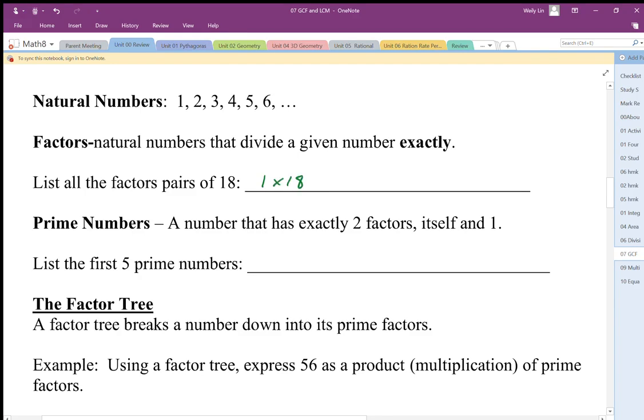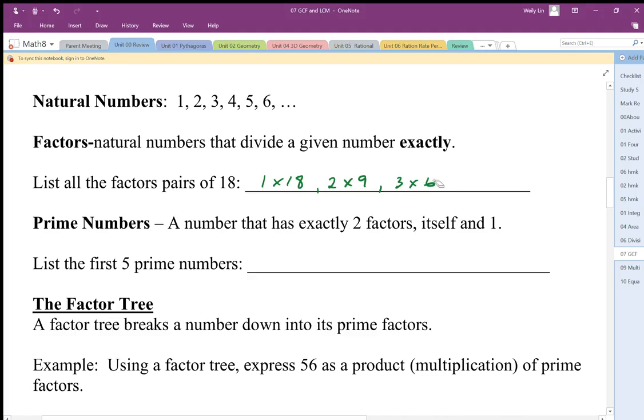So there's a factor pair. We can write it as 2 times 9, so there's another factor pair. We can write it as 3 times 6. There's another factor pair, and then there are no other whole number pairs that will multiply to exactly 18.